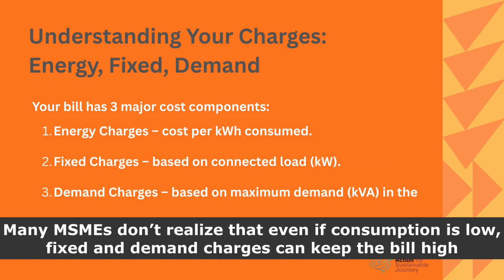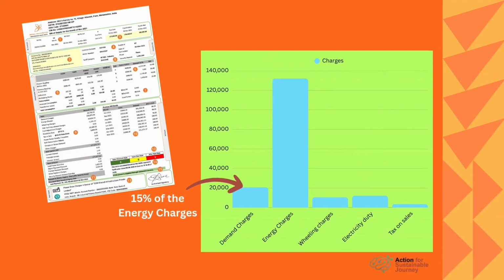Many MSMEs do not realize that even if consumption is low, fixed and demand charges can keep the bill high. In the sample electricity bill, the demand charge is 15% of the energy charges. By managing load and peak demand, such as spreading machine usage, you can lower these charges.